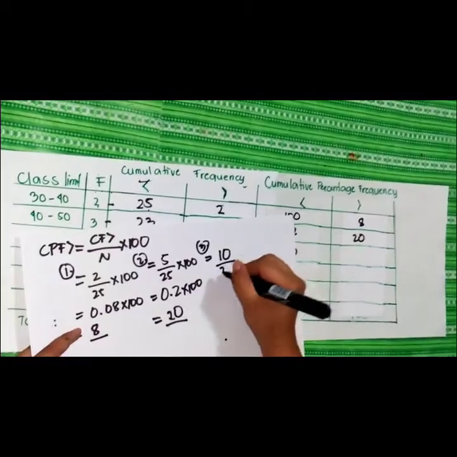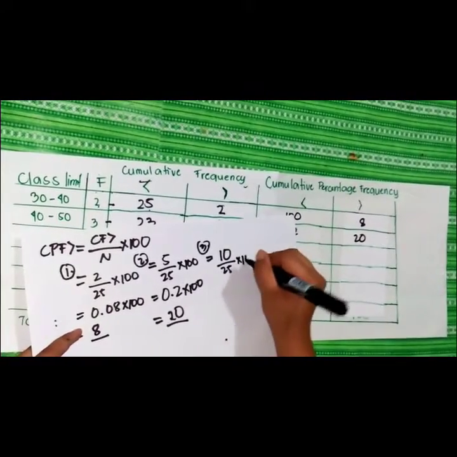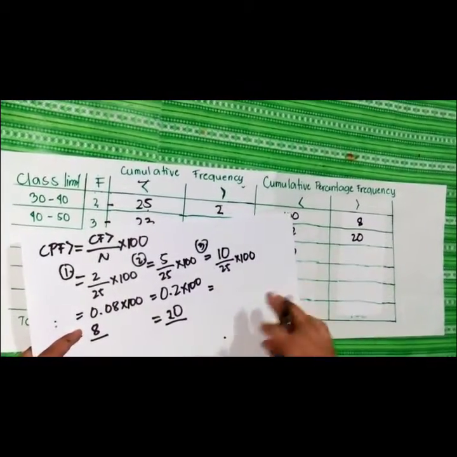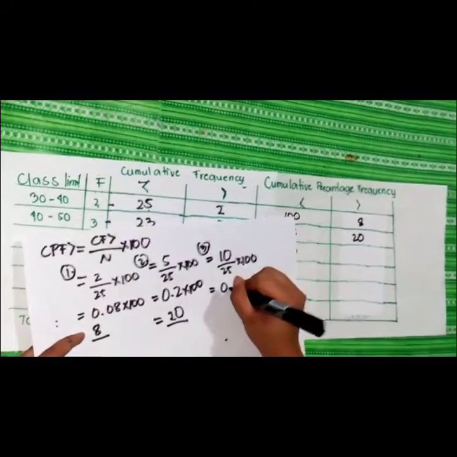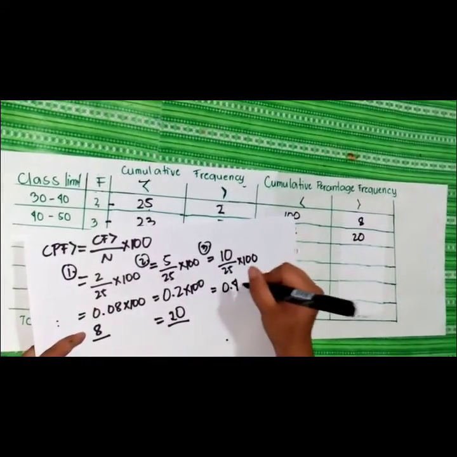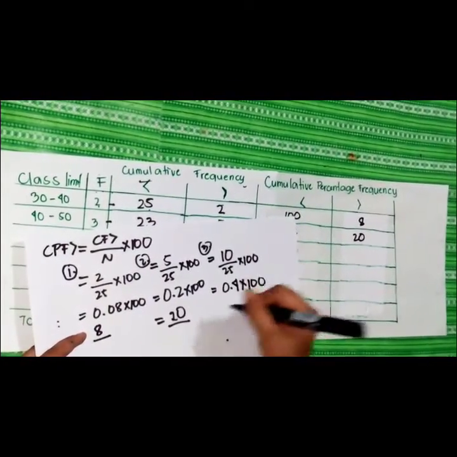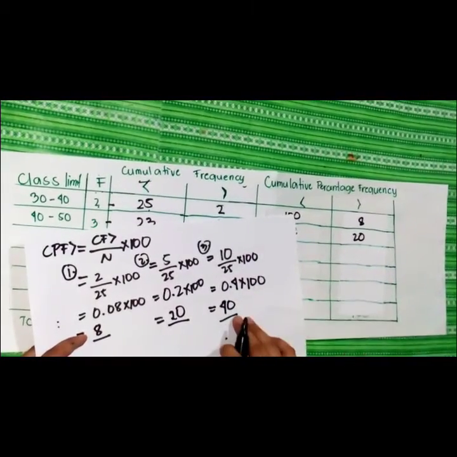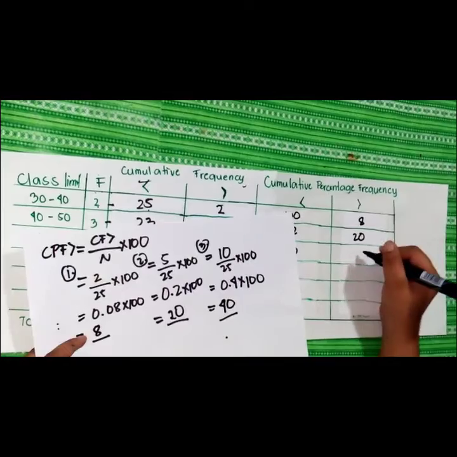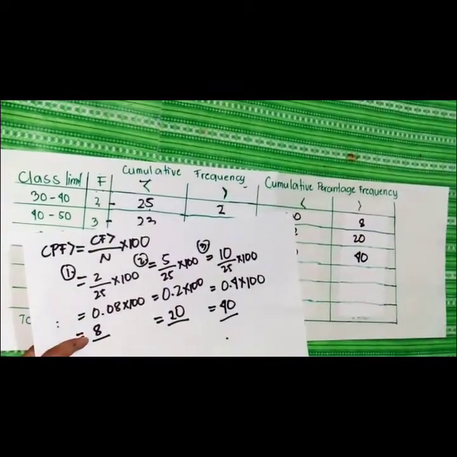So we have a number of cases, 25, times 100. So 10 divided by the number of cases, 25, is equal to 0.4. And 0.4 times 100 is equal to 40. This is the third row answer. We are going to write 40 here.